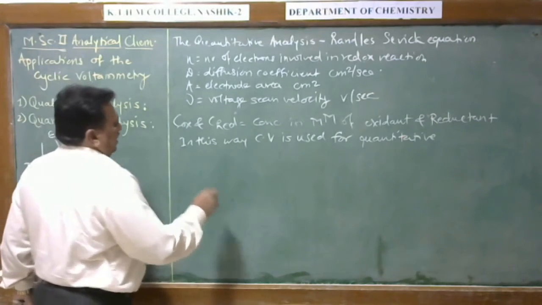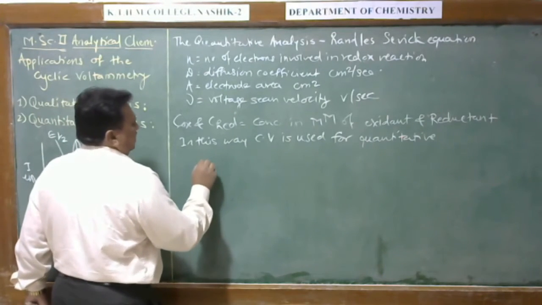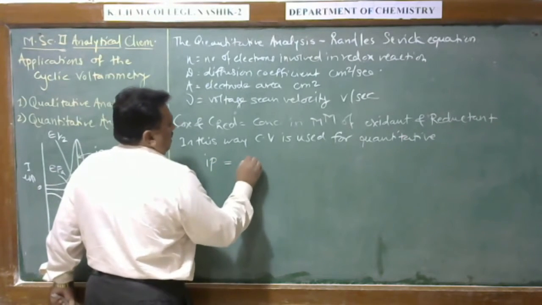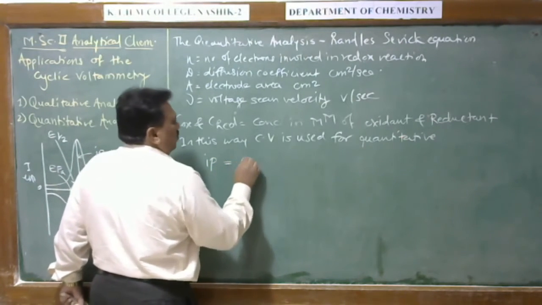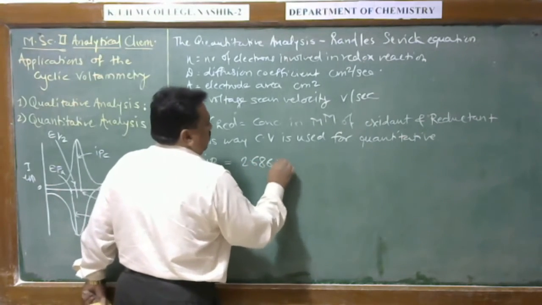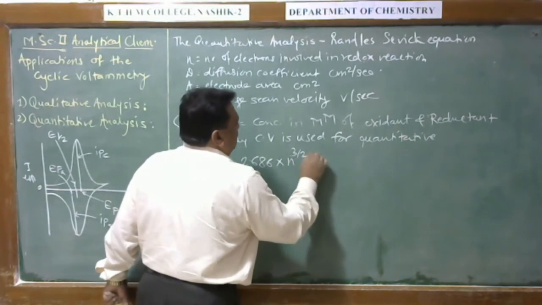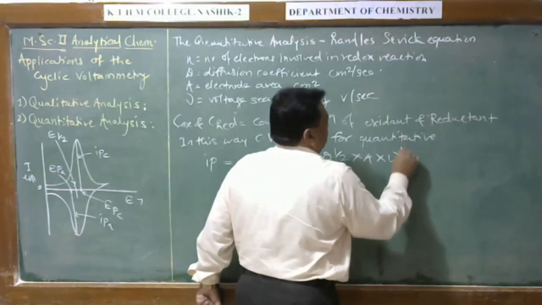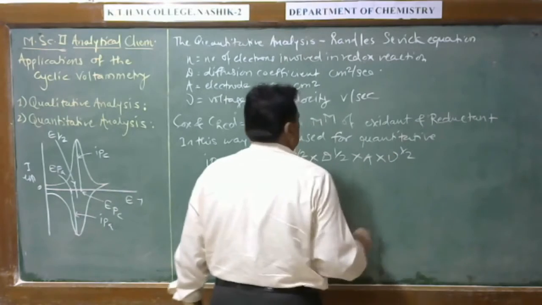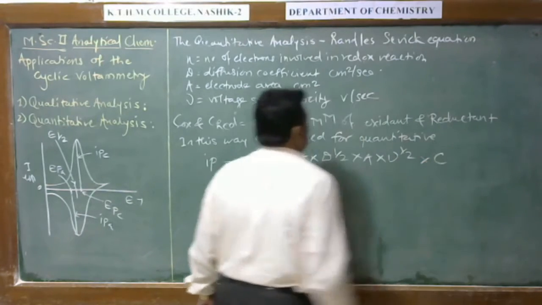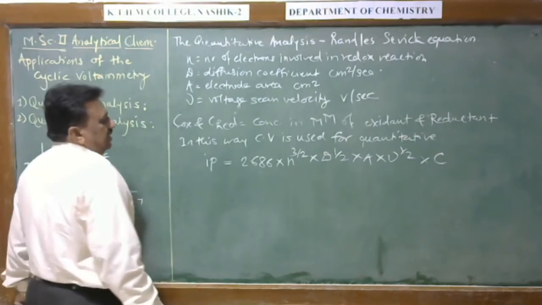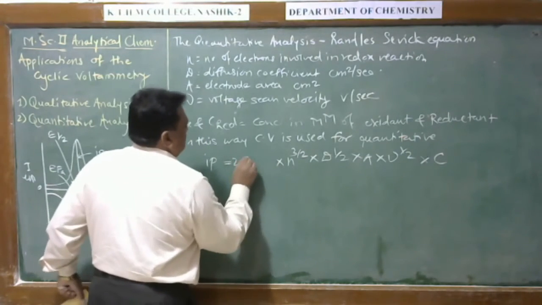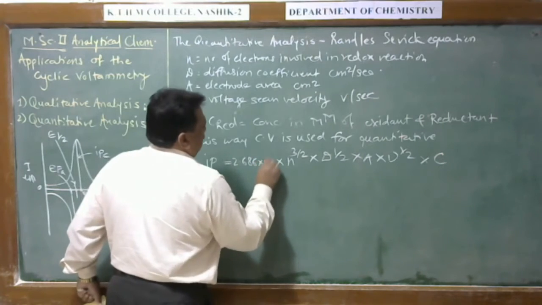If you observe the Randles-Sevcik equation, that is IPA or IPC is equal to 2.686 into 10 raised to 5 into n raised to 3 by 2 into D raised to half into A into mu raised to half into concentration of that particular species.